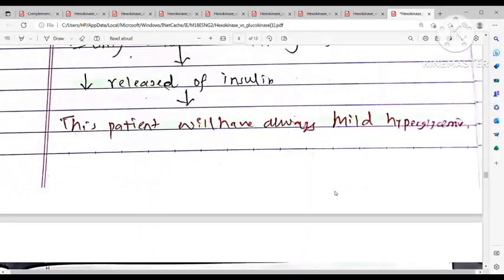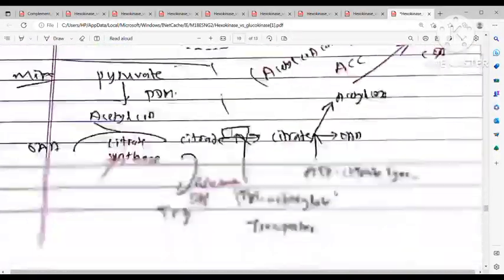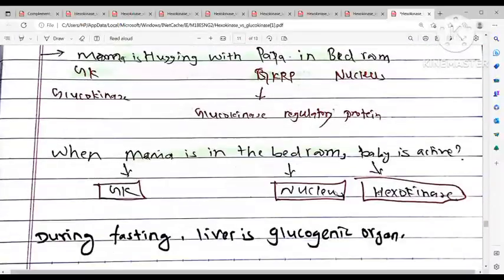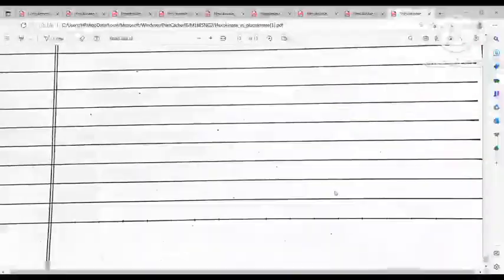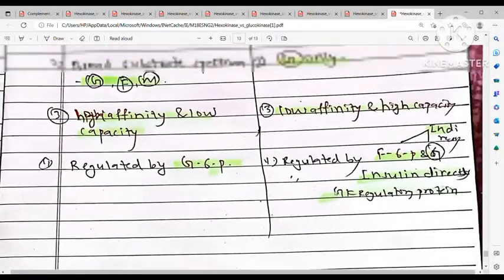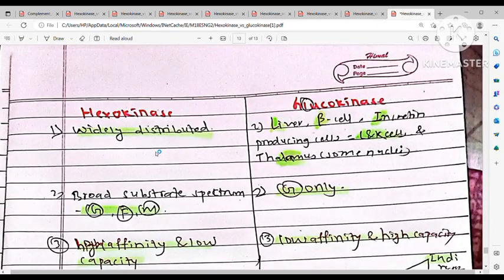And now finally we compare glucokinase versus hexokinase. This is the summary. Hexokinase is widely distributed. It is present in all metabolizing cells, but glucokinase is present in specific cells.